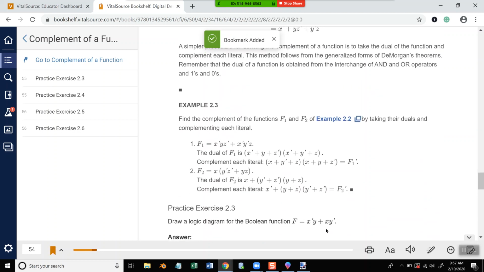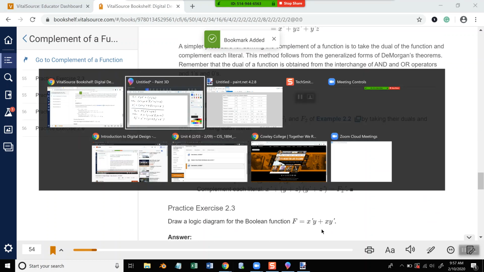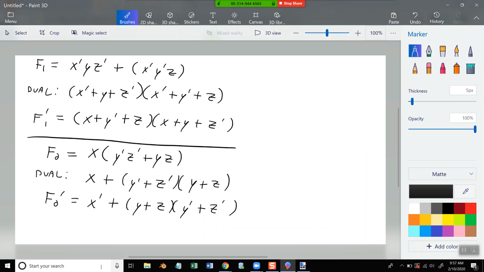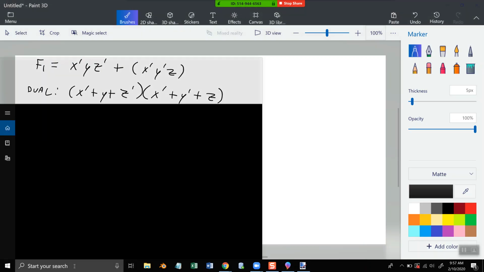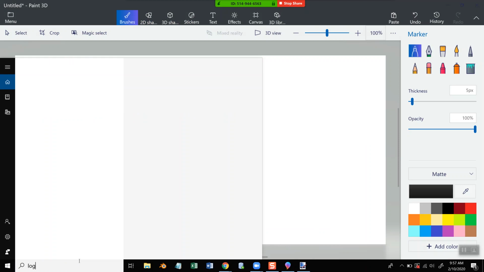Draw a logic diagram. So maybe I can remember where I put LogiSim.